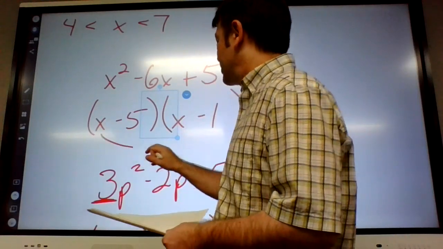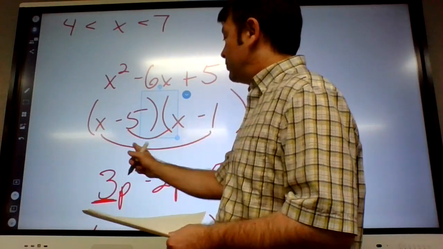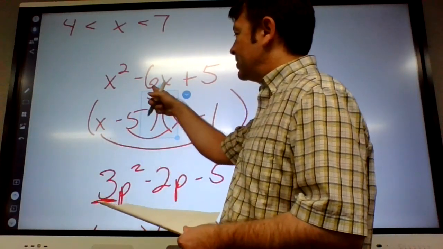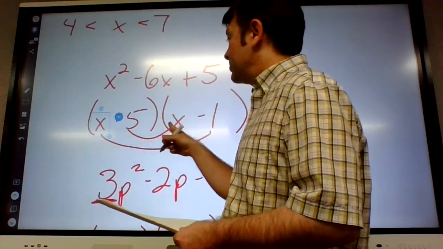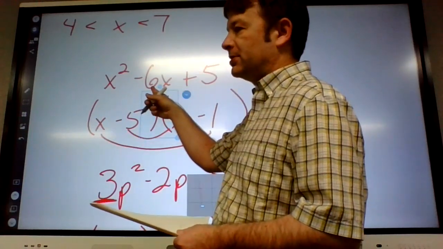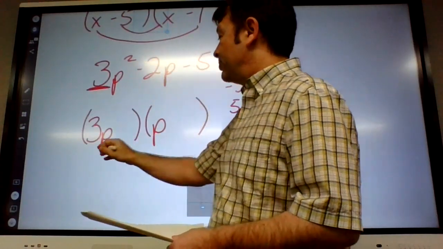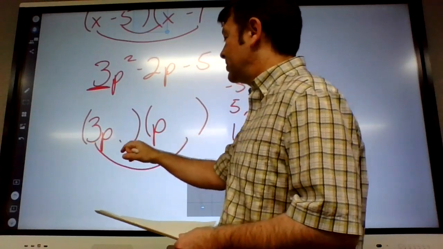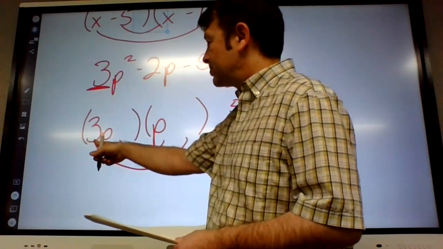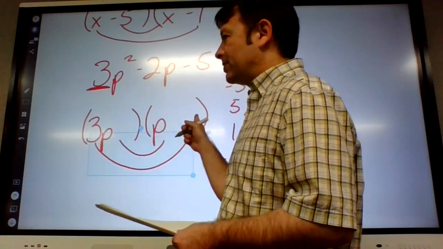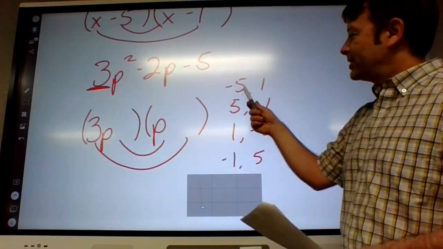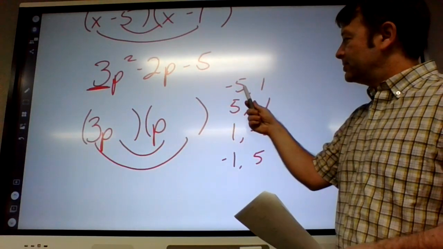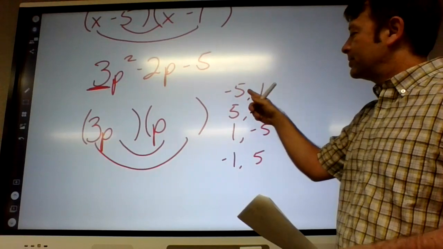So when you do outside and inside, you get negative 1x minus 5x, which is negative 6x. But if there's a number on the front when you foil it, outside, inside, this 3 is going to change this number. So it just makes it different.